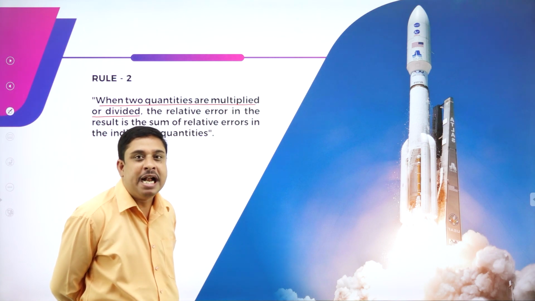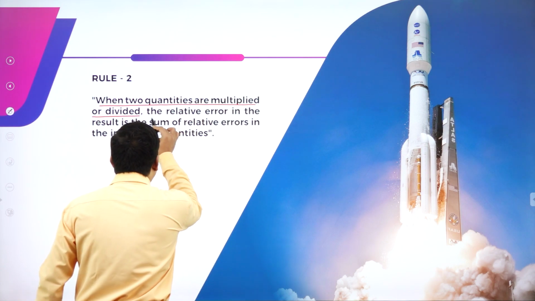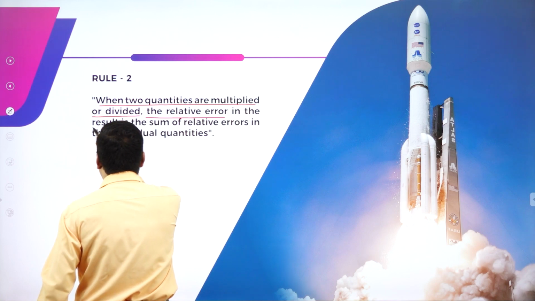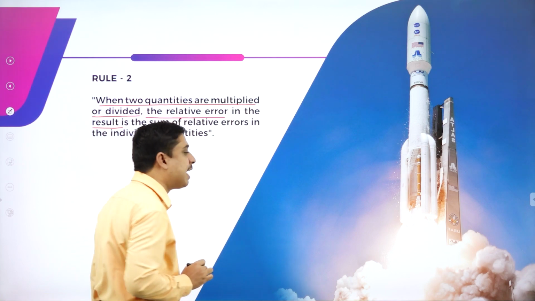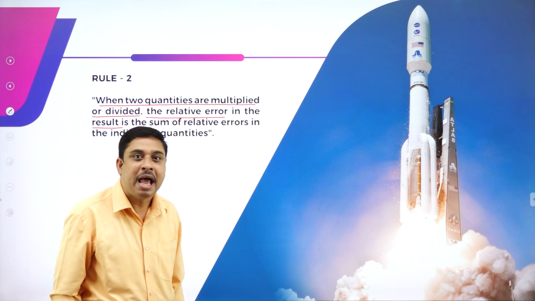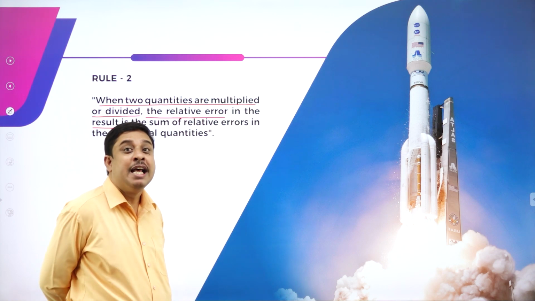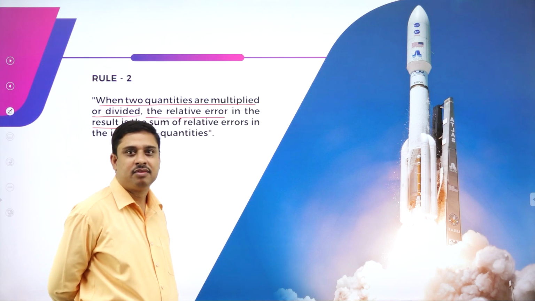Now see, if you multiply or divide, the error you get is called relative error.